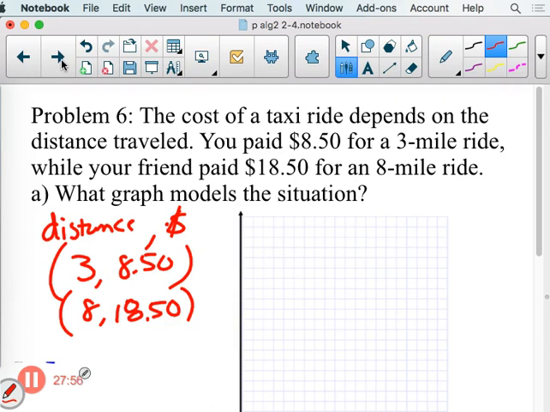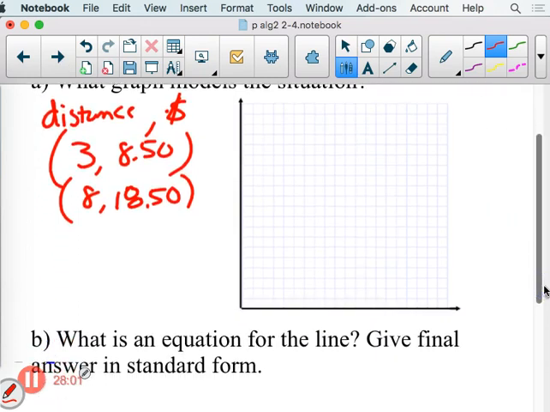Oh, we gotta get these points on here. So let's see. For the x's, we have 3 and 8. Oh, well, we could probably spread this out a little bit. And every 2 little blocks go by 1. And our x was distance in miles. 18.50.